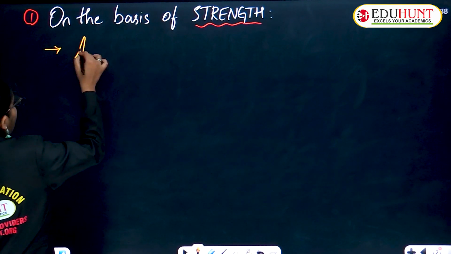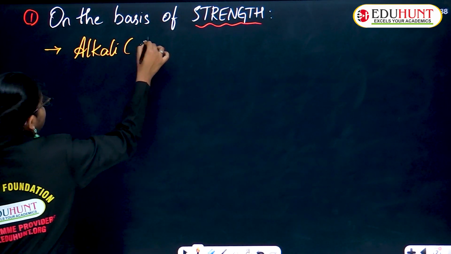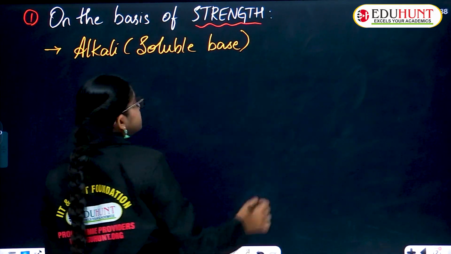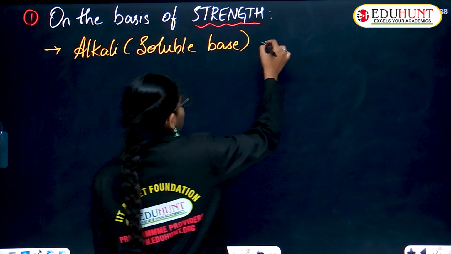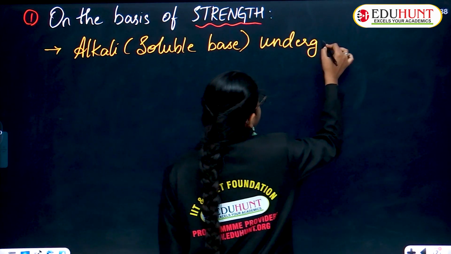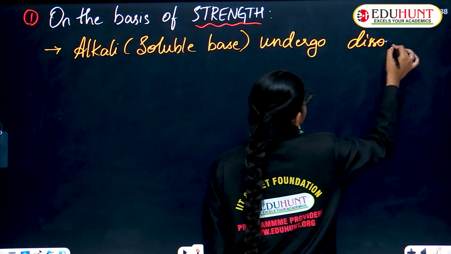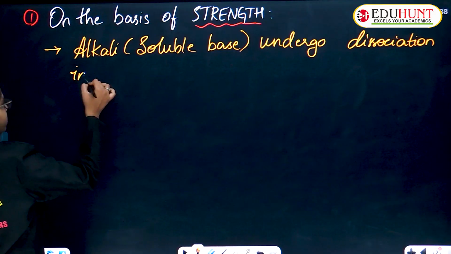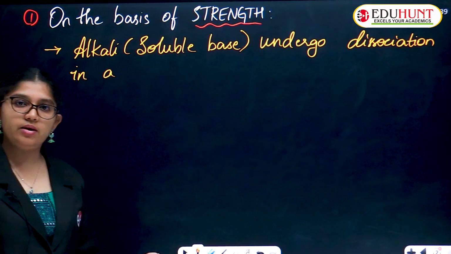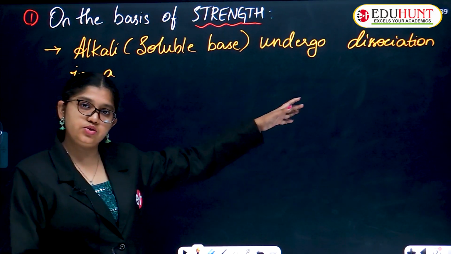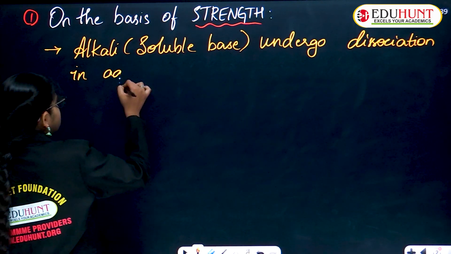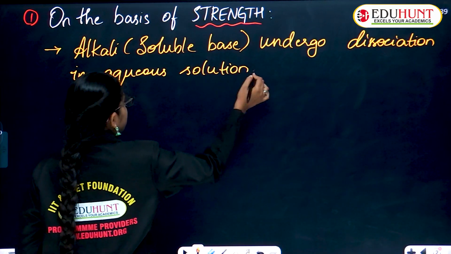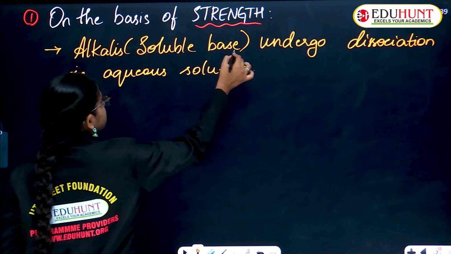Alkali, which is known as a soluble base, undergoes dissociation in aqueous solution. It dissociates into particular ions. All the alkalis, that is bases, dissociate in aqueous solution.